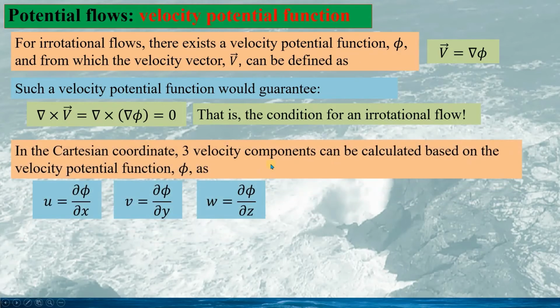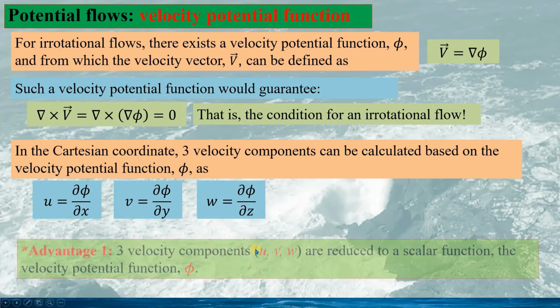In the Cartesian coordinates, three velocity components can be given by the partial differentiation of the potential function phi with regard to x for the velocity component u along the x-axis, the velocity component v along the y-axis, and the velocity component w along the z-axis.